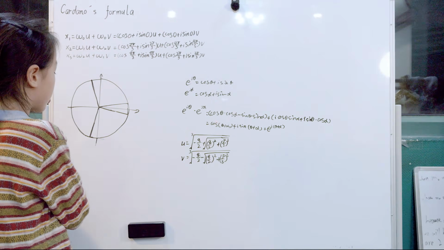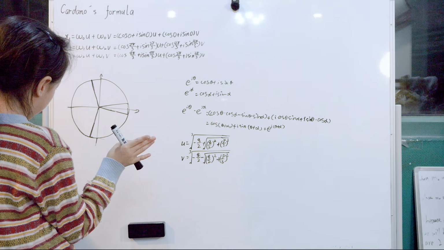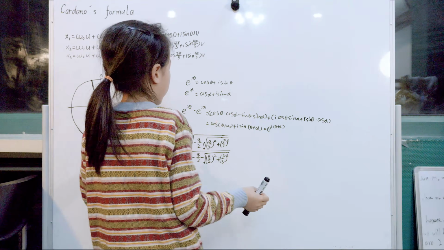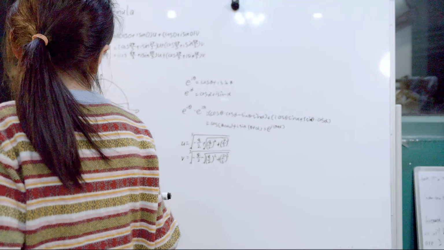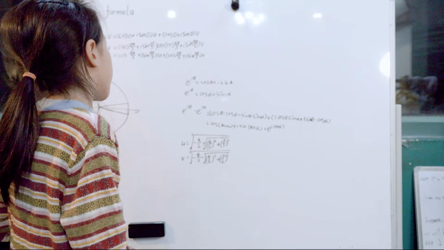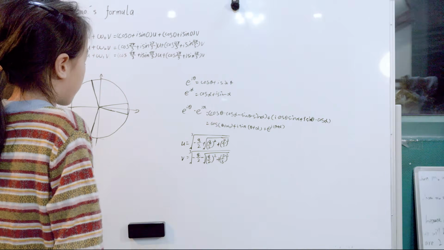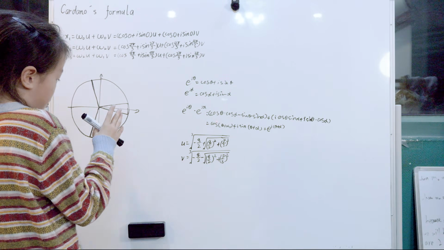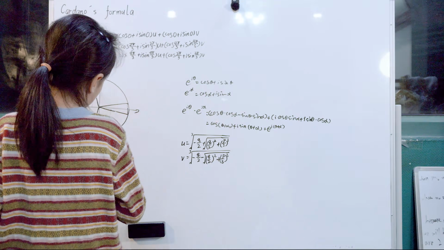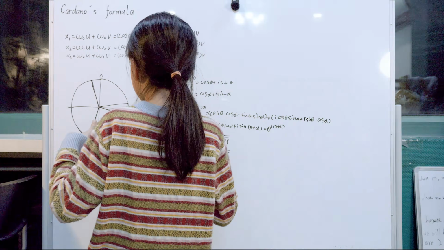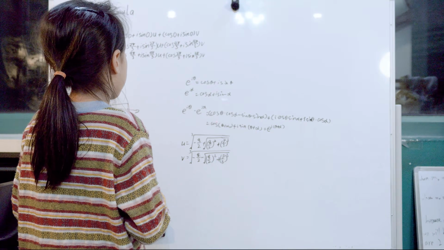Actually, it does satisfy that if you try it on the calculator, because you have u and v, and you can find rho, and so you can find u and v as complex numbers.